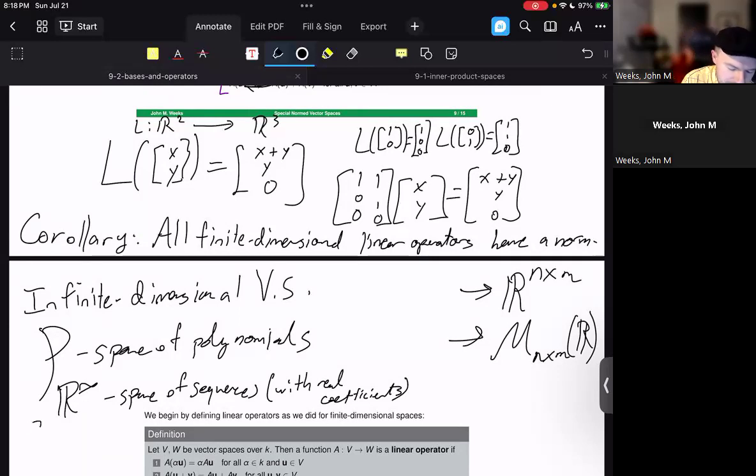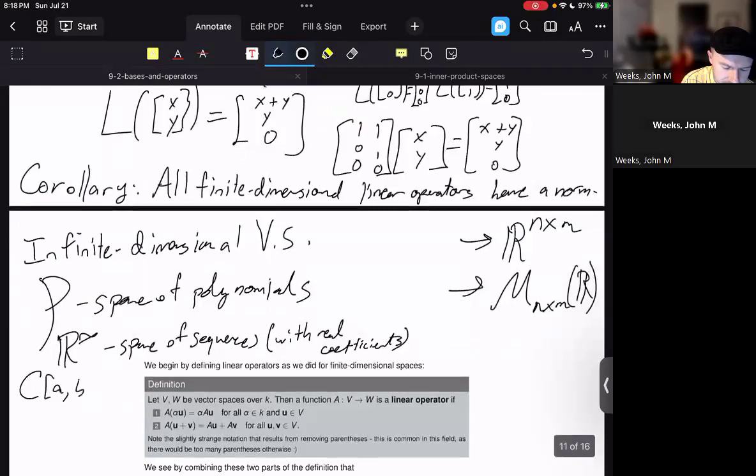We've also talked a bit about the continuous functions going from A to B. This is another example of an infinite dimensional vector space. These are vector spaces in the sense that they satisfy all of the axioms of a vector space, plus there is no finite basis for any one of these three. So when I say infinite dimensional, I mean there is no finite basis.